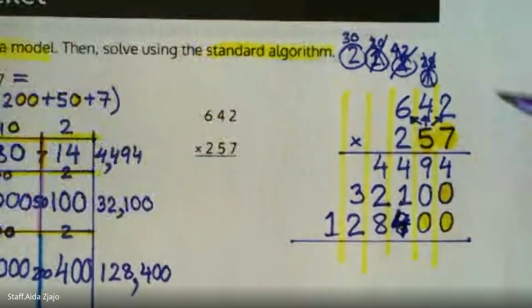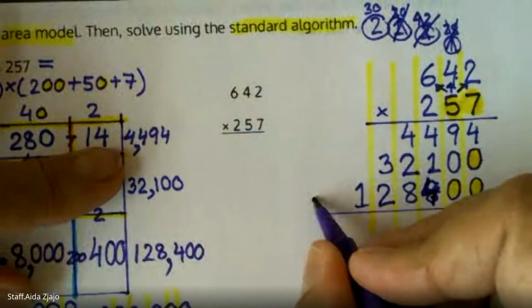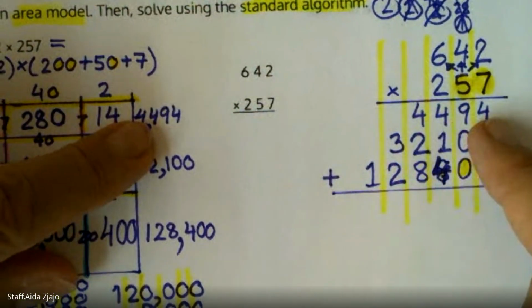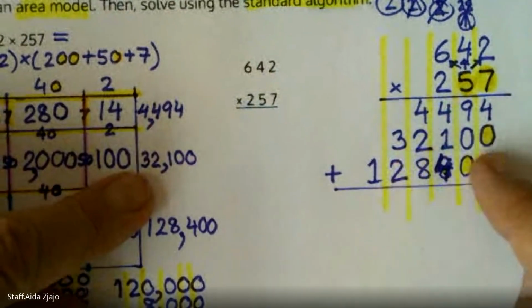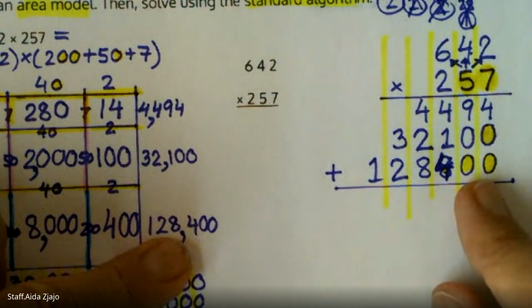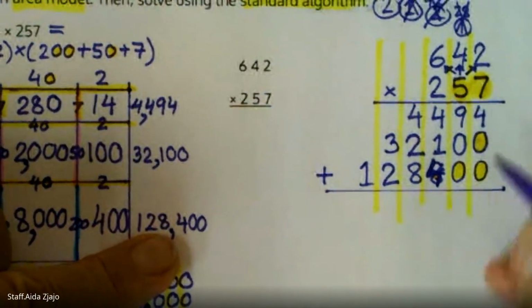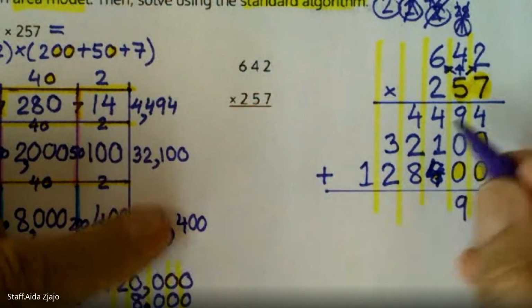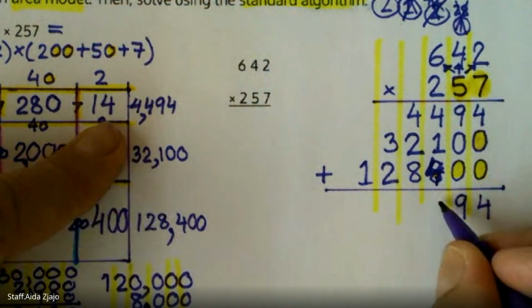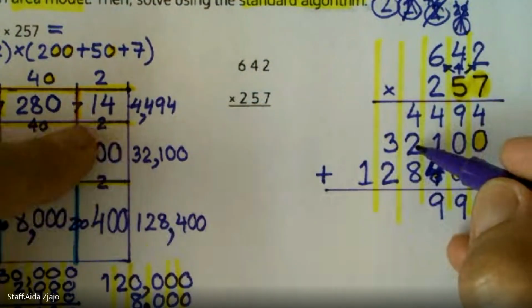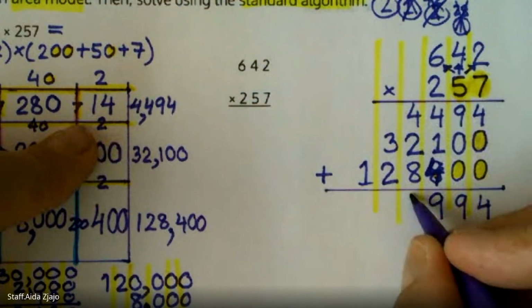Okay, now look, this is where I can add all this. 4,494, 32,100, and 128,400. I'm going to add all these together. 4, 9, 4 and 4 is 8, plus 1 is 9. 8 and 2 is 10, plus 4 is 14.